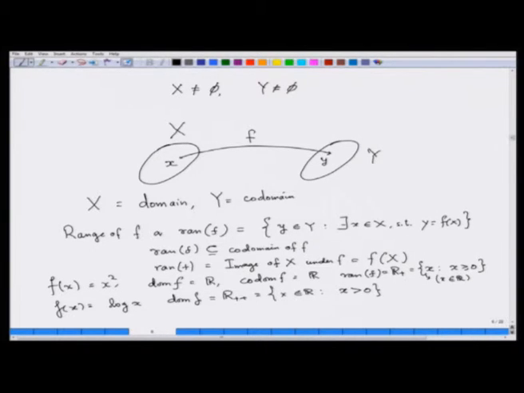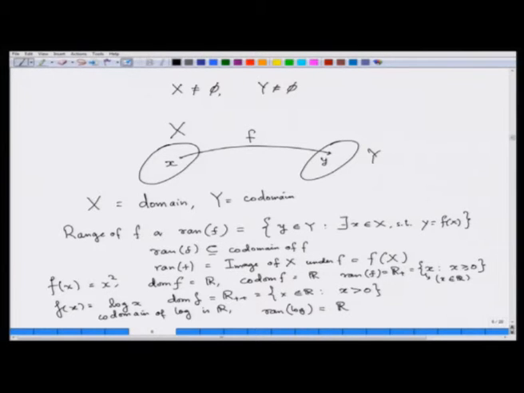Now, what is the codomain of f? The codomain of f is R. Codomain of the log function is R. So, what is the range of the log function? The range of the log function is also R.